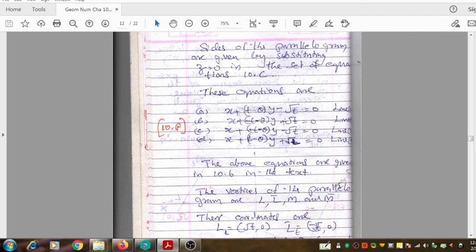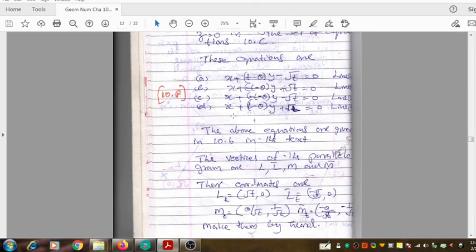Assuming that the second coordinate equals 0, we are going to see the result of that assumption. When q equal to 0, the 4 equations reduce to exactly 2 equations: x equal to plus root t, and the other case x equal to minus root t.